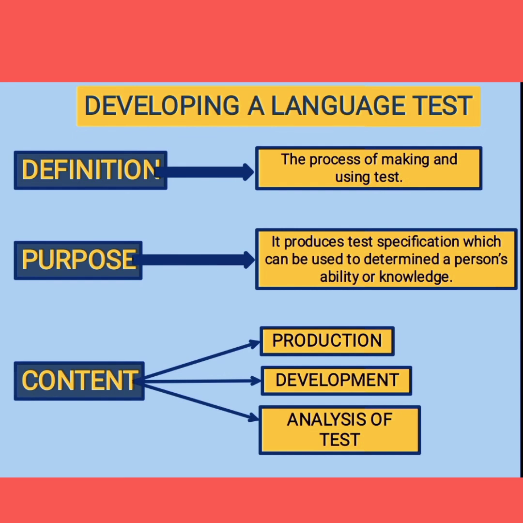In case of how to develop the test, it is related to the test objective, the material, the test format, and scoring or grading. And the last content of developing a language test is analysis.